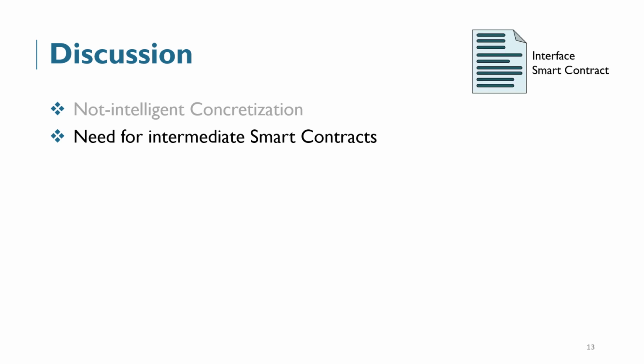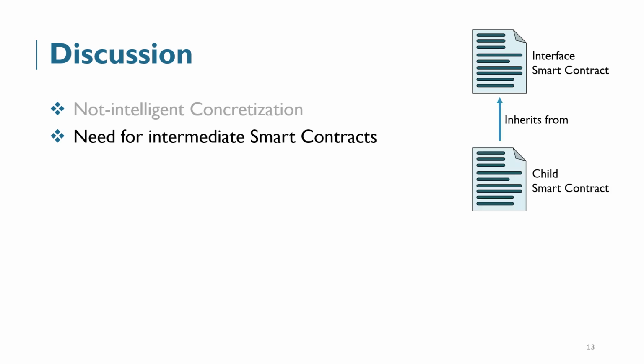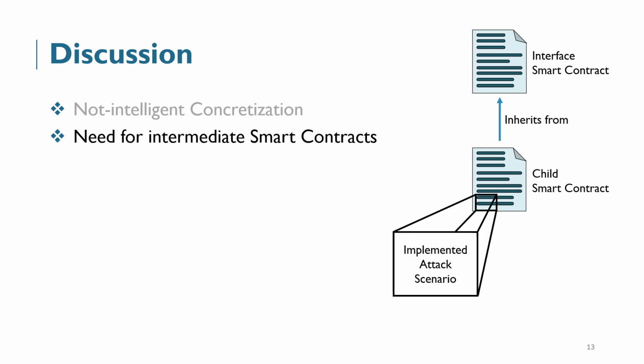For example, to check an interface smart contract, we should develop a child contract inherited from the interface to implement the test scenario. Consider a function from the interface contract that is defined mistakenly as internal instead of private, which means it is accessible inside inherited smart contracts. Hence, the attack scenario needs an intermediate smart contract to access that specific function.